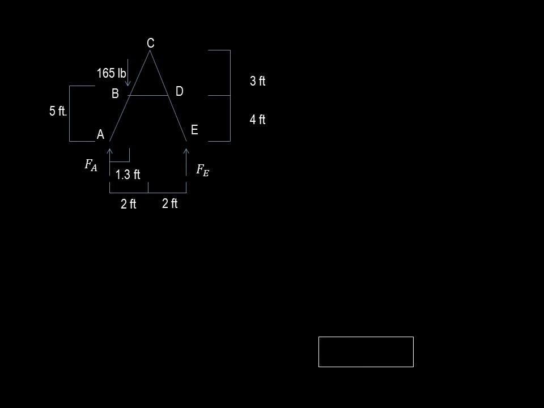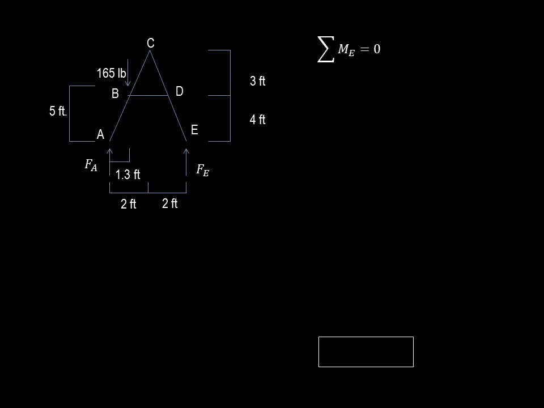Like any problem, we always choose which moment center we are going to use. In this video, I used point E as the moment center, but we can also use point A and C, in which it will yield the same answer.